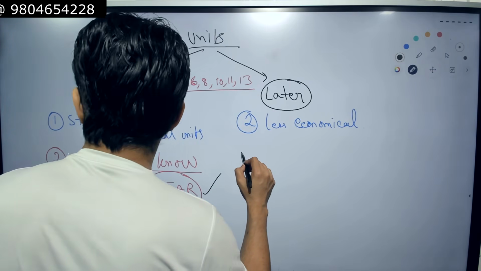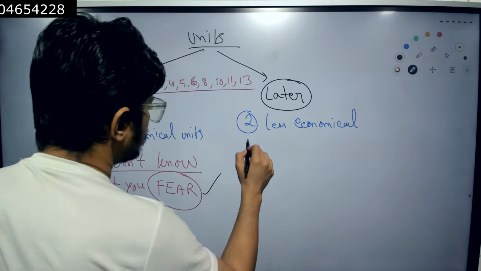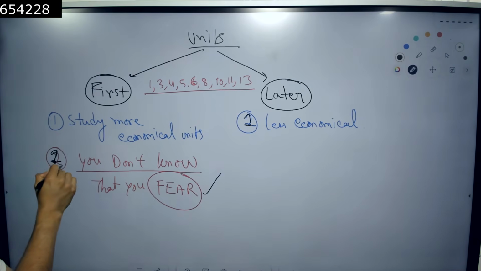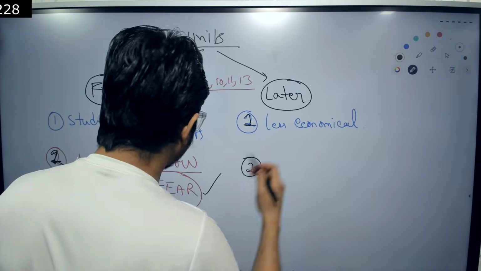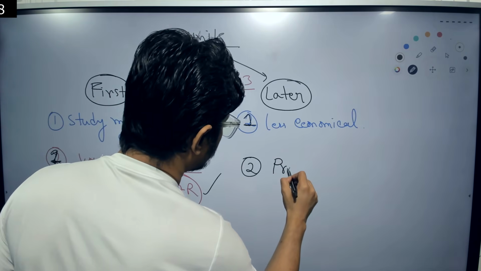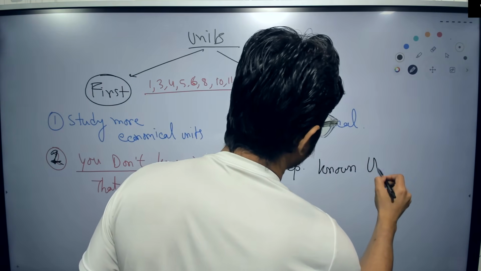So first there will be this, and here, sorry, this is 1, so these are 2. The second approach is that for the later stages of preparation, prepare known units.